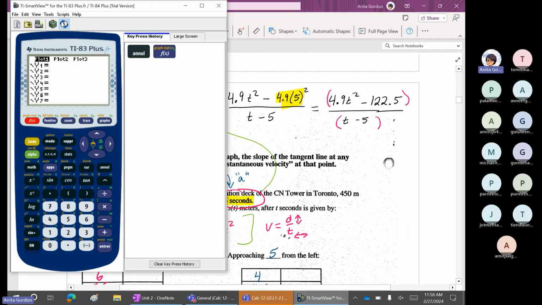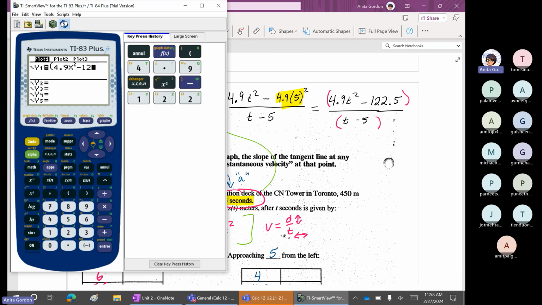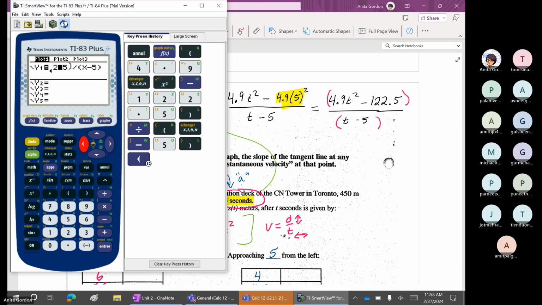Some of you have already started. 4.9x squared minus 122.5, over x minus 5. Okay, so once you have your equation typed in, I'm just going to double check my brackets. Make sure I have an x squared there. Good.